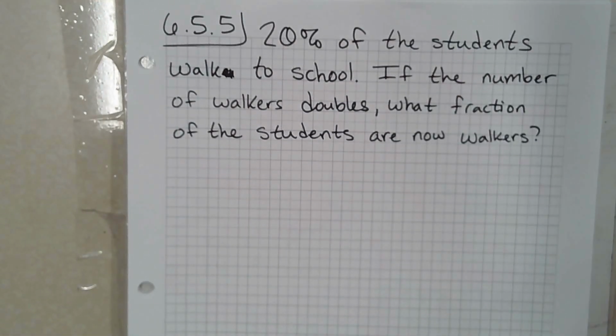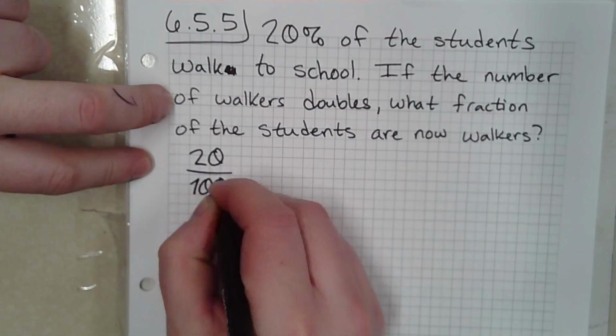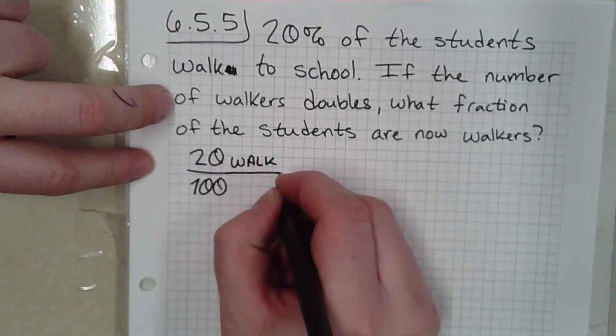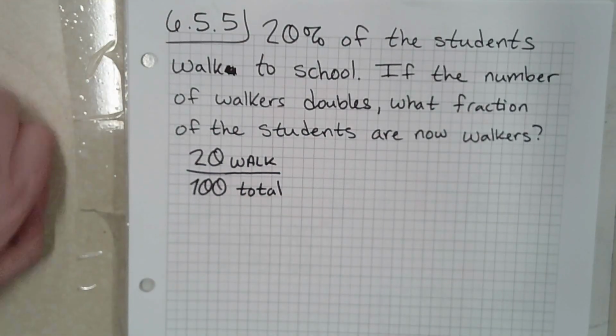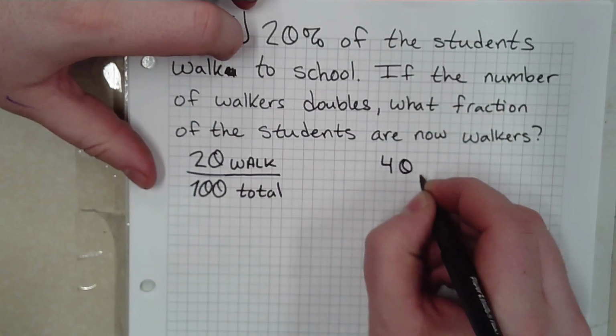20% of the students walk to school. Well, that means 20 would walk out of 100 total. If we double the number of walkers, that would put us at 40 walkers.